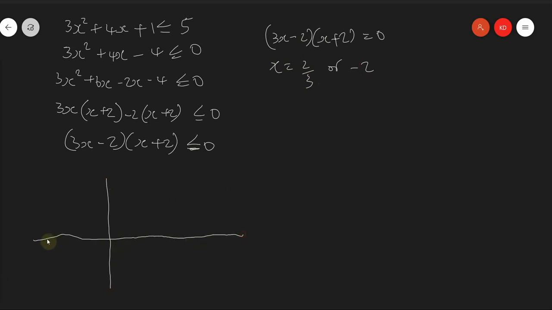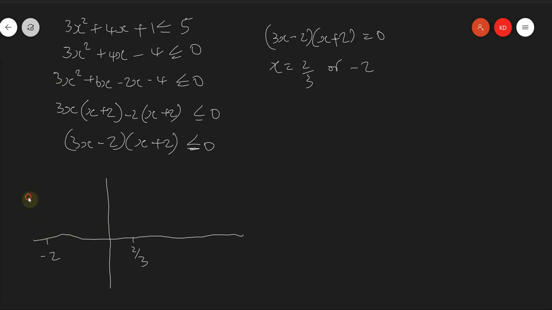Now our x values, x equal -2, x equal 2/3. These values are where the graph cuts the x-axis, and since the a term is positive here, the x squared coefficient is positive, so it's going to shape upwards like that.